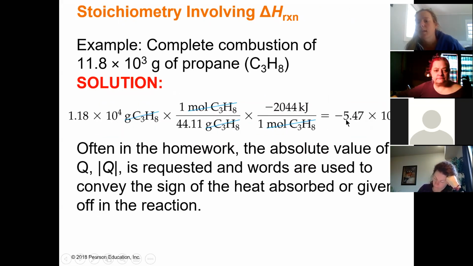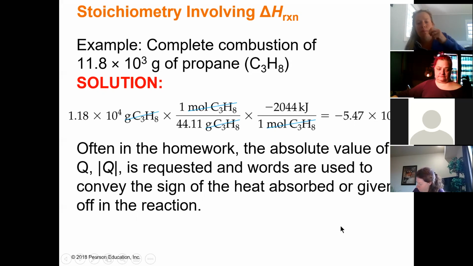Units cancel and it says, hey, you produce negative 5.47 times 10 to the 5th kilojoules. Often in the homework, the absolute value of Q, absolute value just means that you remove the sign, is used if the wording is right. So if this problem said, hey, how much energy is produced? The word produced is sort of encompassing the negative, right?